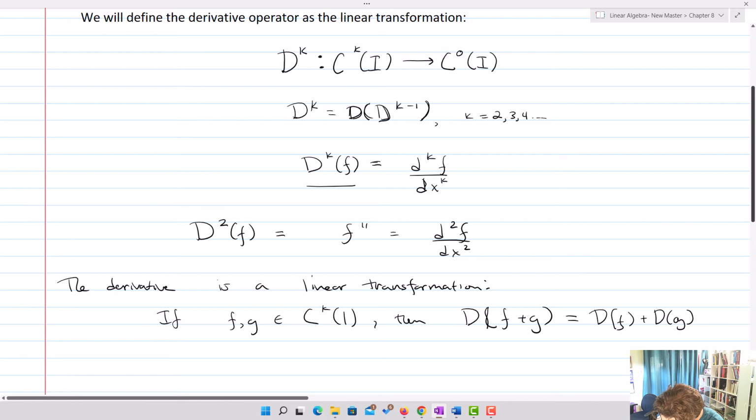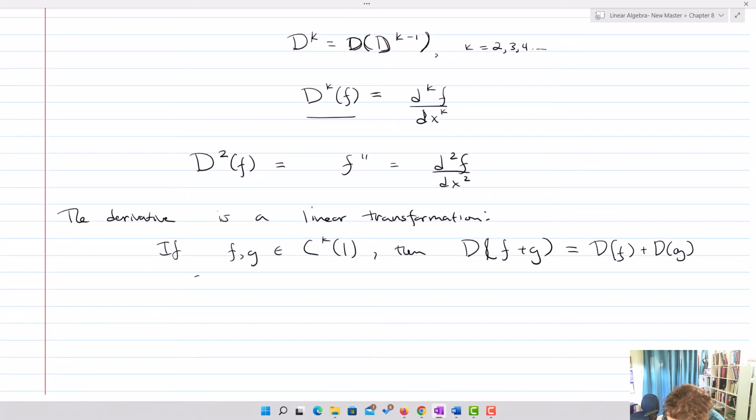For example, if we've got f plus g and we take its derivative, remember that with derivatives you can take the derivative first and then add. So this is true: f prime plus g prime. It's just true of derivatives in general. You saw that in your Calc 1 class. So we're closed under addition.